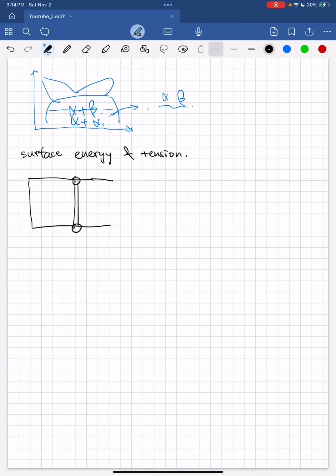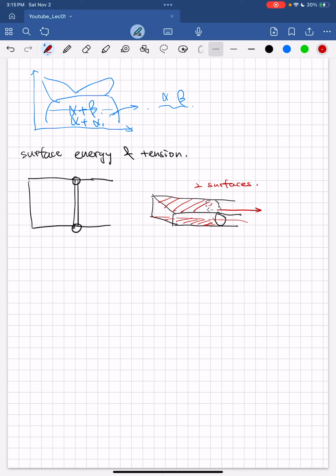So this thing is a three-dimensional structure. It actually looks like this. And the rod is here, and here too, right? These two surfaces.